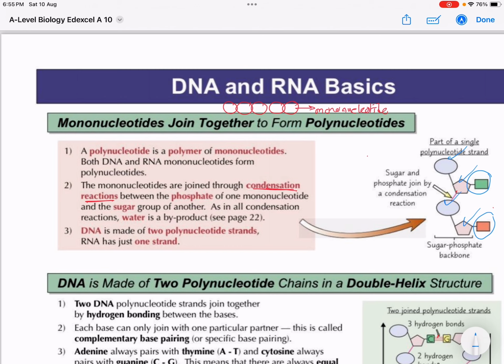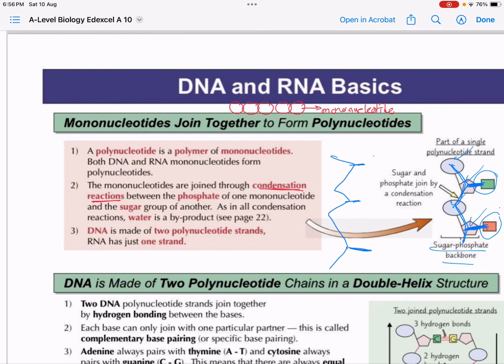So the base is not the same, it's different. You may hear about the sugar phosphate backbone, which is this. See, guys, it looks like a backbone. It's, as I said, the same. And then the nitrogenous base is just extended out of the backbone. So this is how it looks. The backbone, and then the nitrogenous bases are extended out from the backbone.